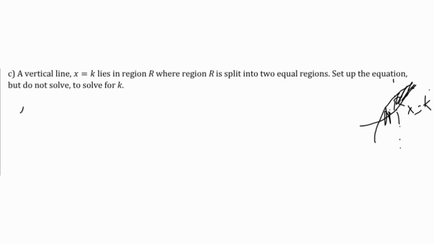So the setup would just be from 1 to k, the integral of ln of x minus (x minus 1) squared dx.